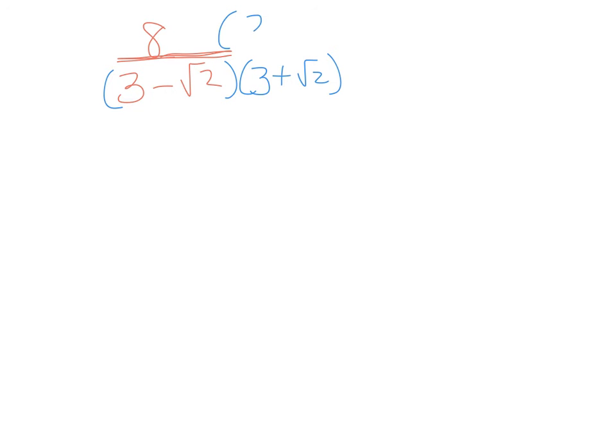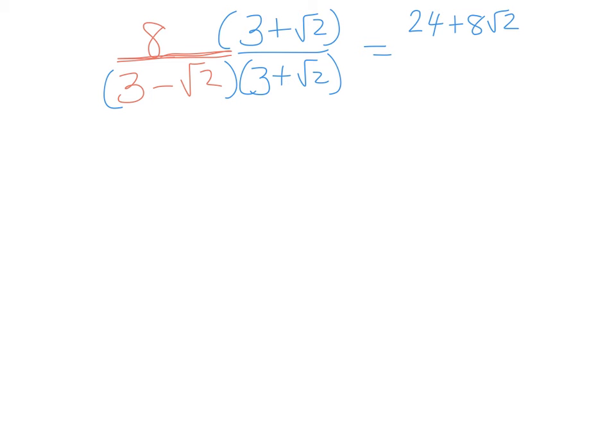We're going to do 8 over 3 minus radical 2. Well, we have to think about what the conjugate is of 3 minus radical 2. It would be 3 plus radical 2. So we multiply the top and the bottom by 3 plus radical 2. On the top I distribute. I get 24 plus 8 radical 2.